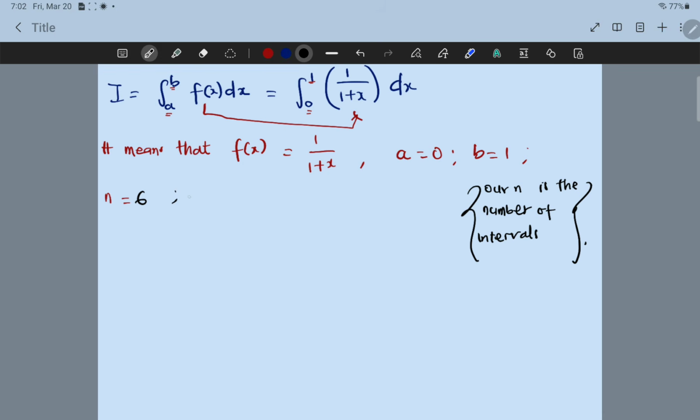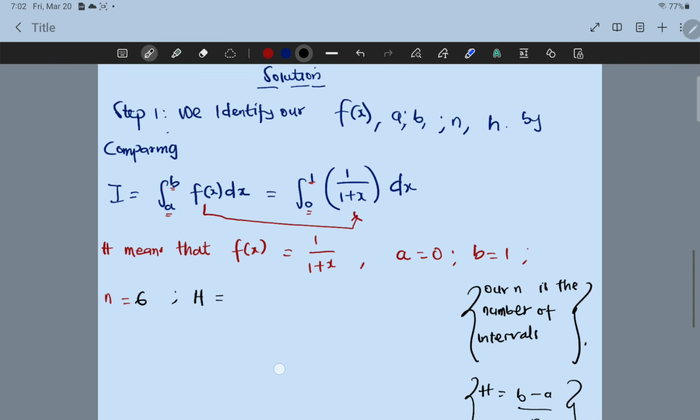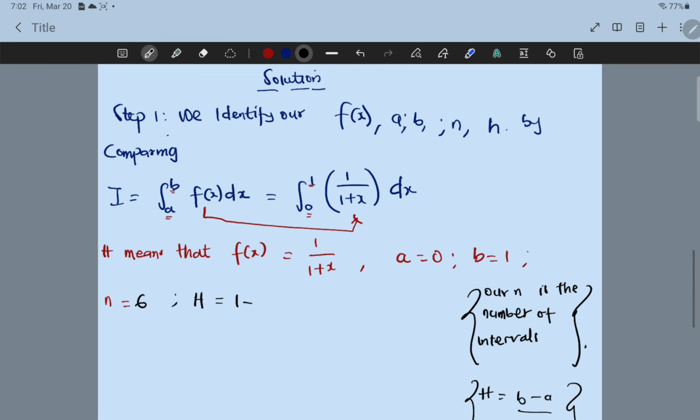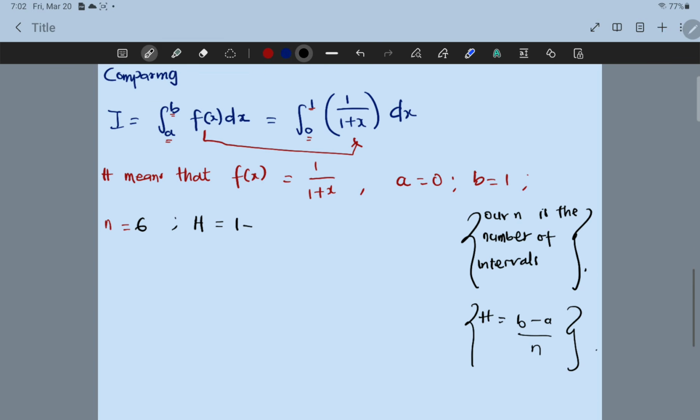Did you see that? So h, which is the interval of differencing, the formula is, also know that h is always b minus a over n. Let's not forget this. So h here in this case, b is 1 minus a, which is 0, divided by 6.